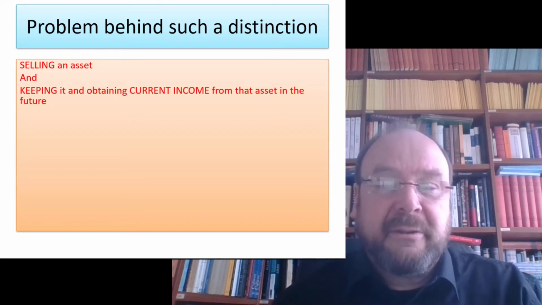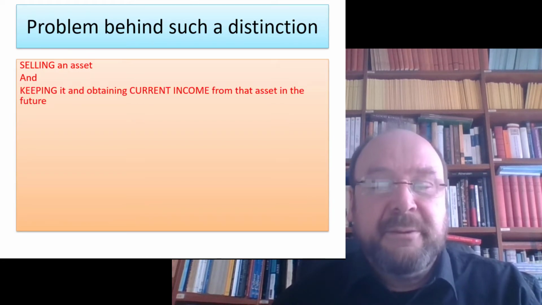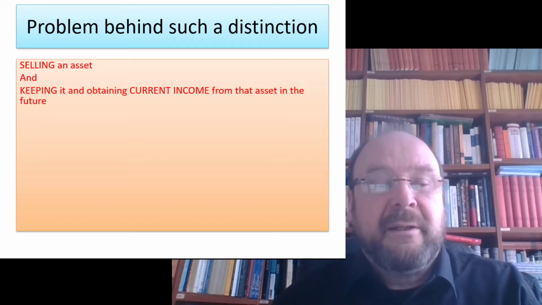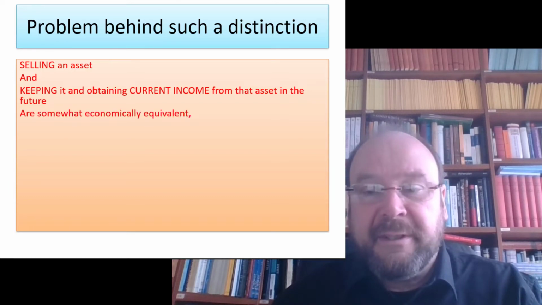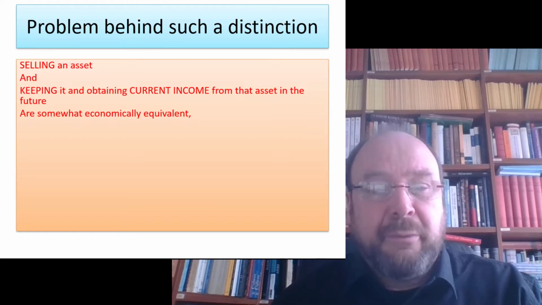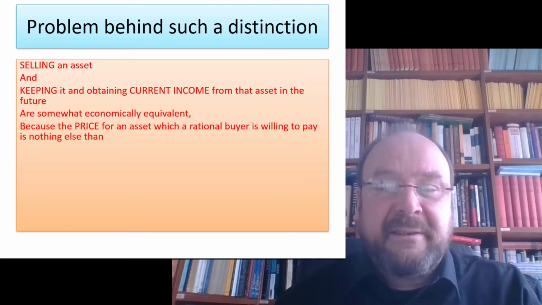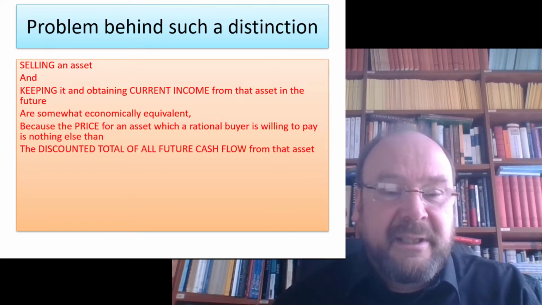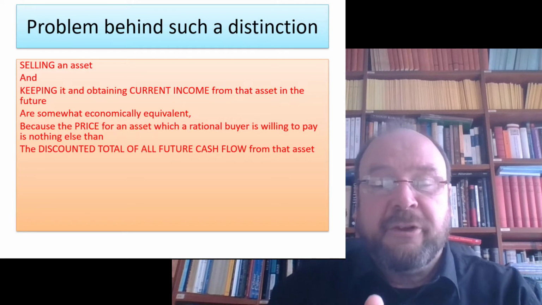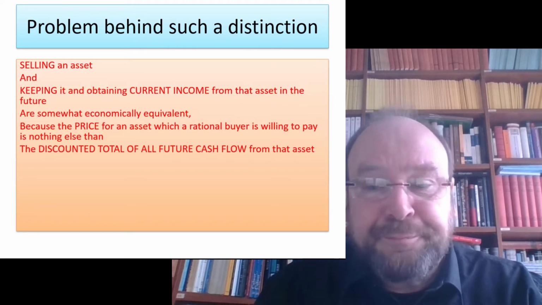So, economically, there is a problem behind such a distinction, because selling an asset and keeping it and obtaining or collecting the current income from its use in all the future are economically somewhat equivalent, because the price which a rational buyer is willing to pay for an asset is nothing else than the discounted cash flow of all future cash flow from that asset.